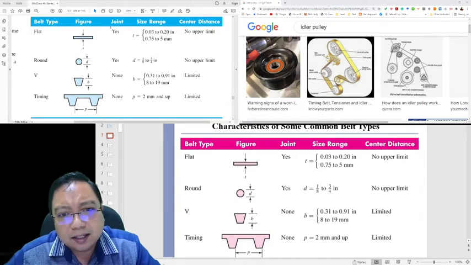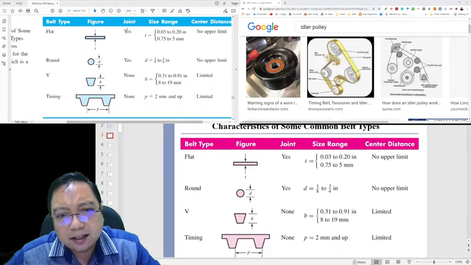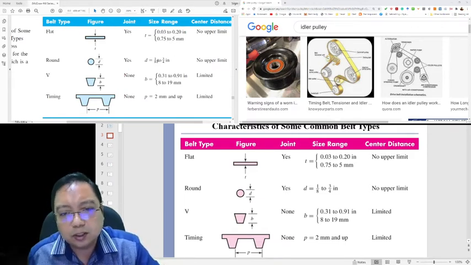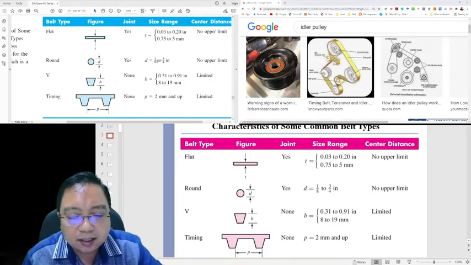You can see something to note in table 17.1. The range is 0.75 to 5 millimeter. We use millimeter. This textbook is from the USA, so of course they use inches.